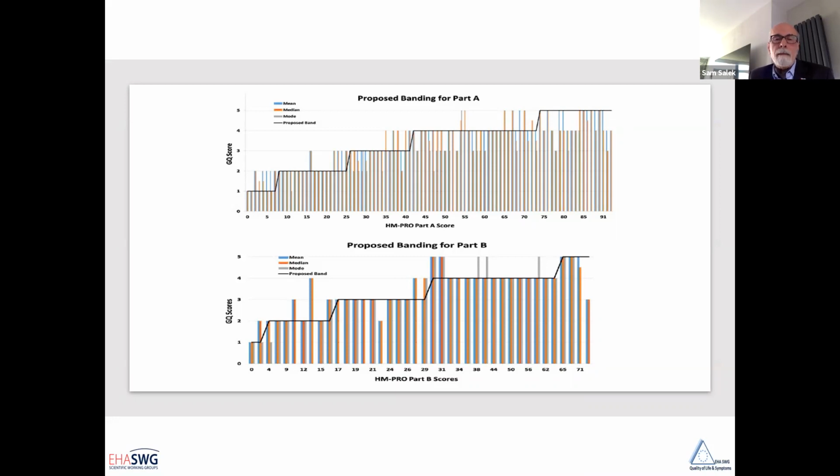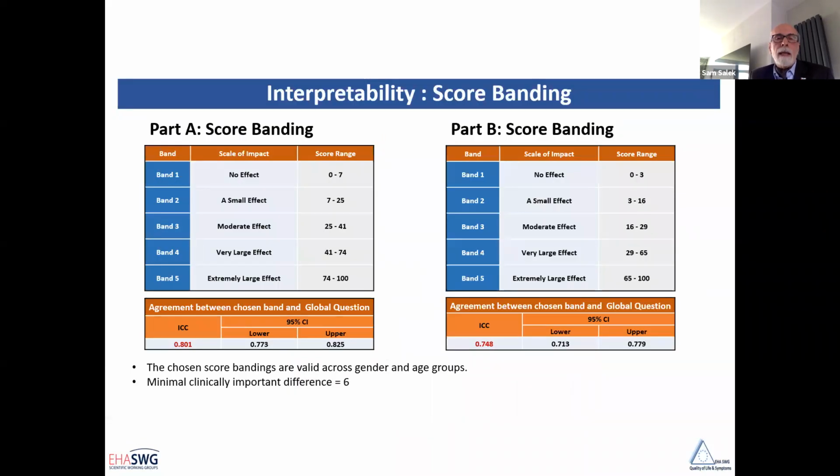Next slide, please. So doing that, we established these ranges of scores and their meaning attached to it. Very easily, because that will be printed, whether it's electronic or paper, at the bottom of the questionnaire, the clinicians will be able to look at that and interpret the change of a score.